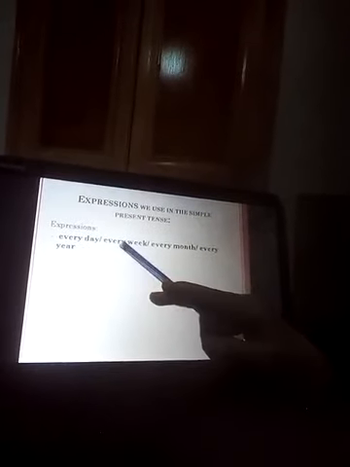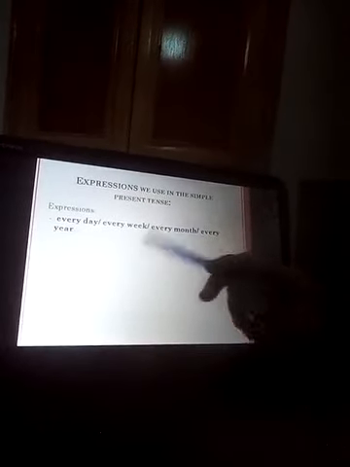Okay? Now, what are the words or the expressions we use when we're using the simple present tense? So, when we have every day, every week, every month, every year, we have to use the simple present tense.